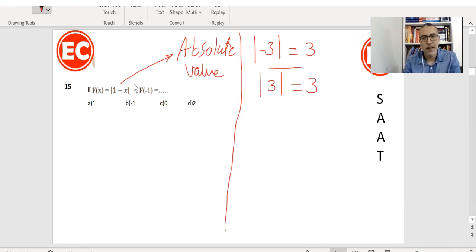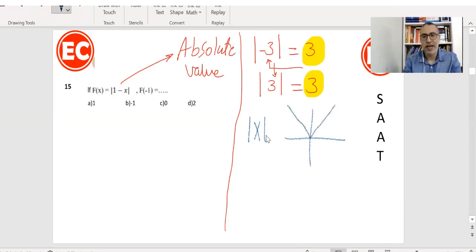So the value inside the absolute value could be negative or positive, but the answer of the absolute value is always positive. And for your information, the graph of the absolute value of x is the letter V, passing through the origin. The whole graph is above the x-axis.